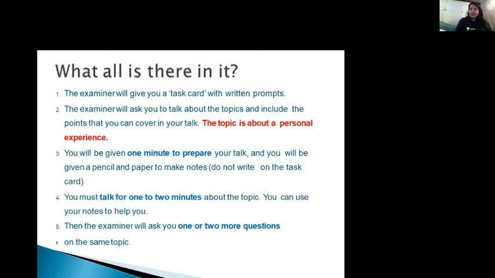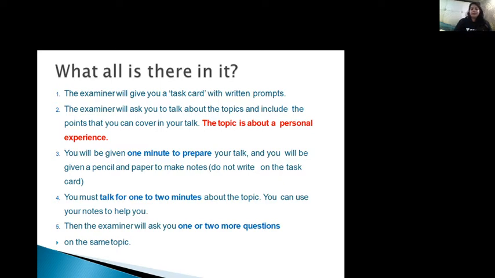Your practice, your earlier knowledge, previous steps of studying, your tips and tricks, and the notes which you have prepared during that 1 minute. So that 1 minute is very, very crucial for you all. Okay, and then the examiner will ask you 1 or 2 more questions on the same topic, which comprise of the later part.